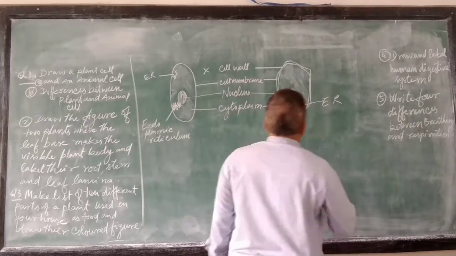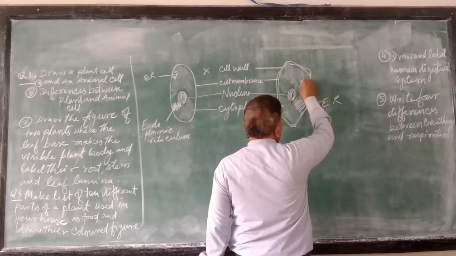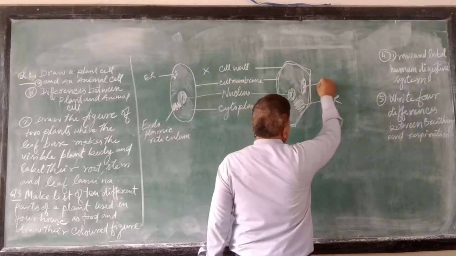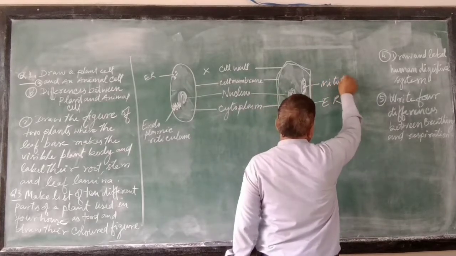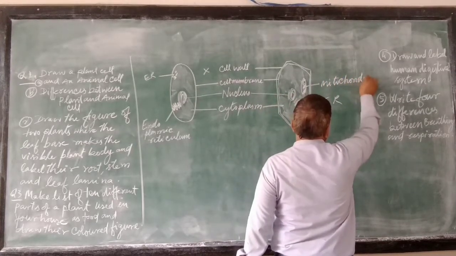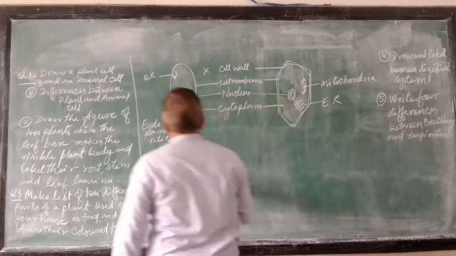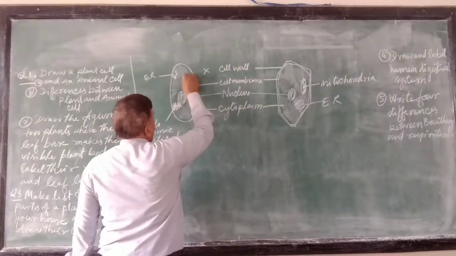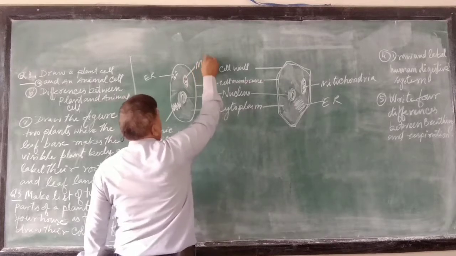Then another cell organelle that is present is mitochondria. This is mitochondria. Here also in the animal cell the mitochondria is there.